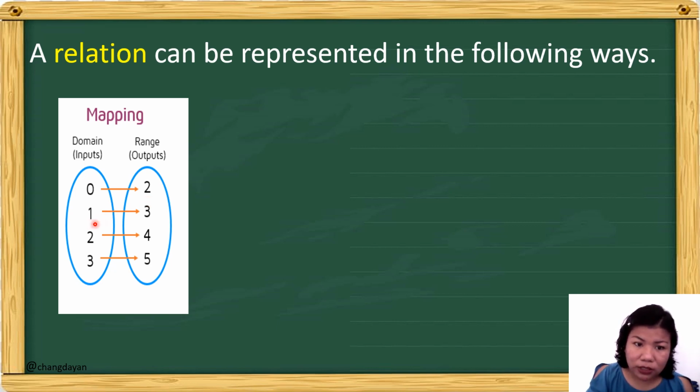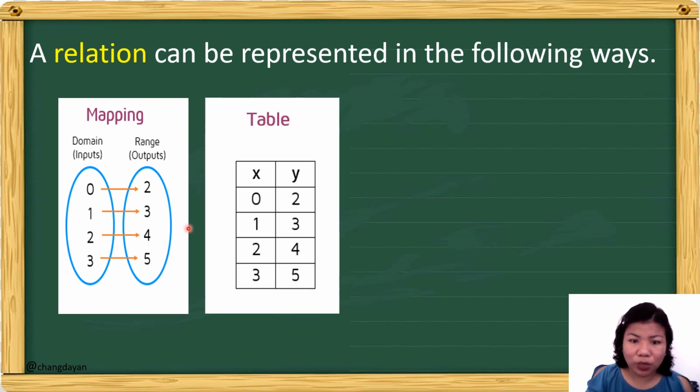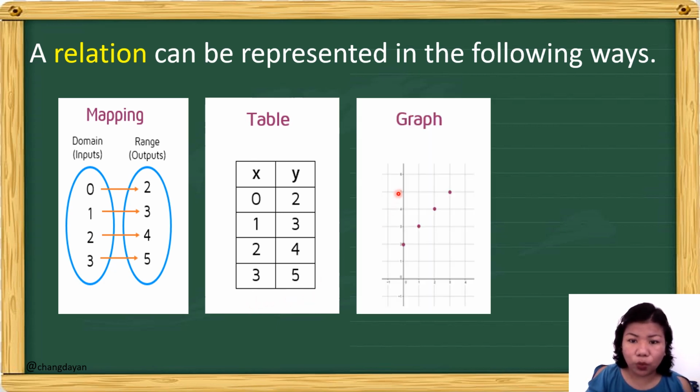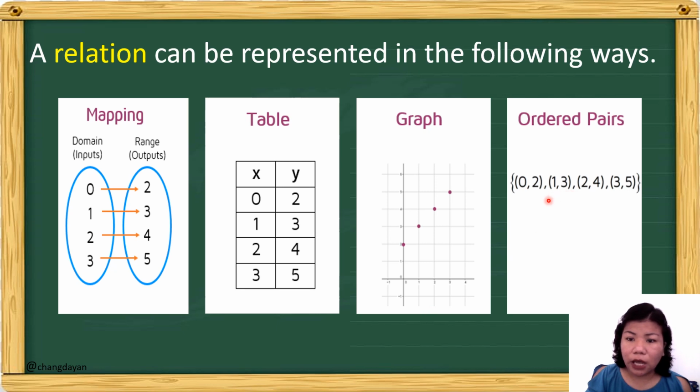So 1 corresponds to 3, 2 corresponds to 4, 3 corresponds to 5. The next one is table. So this is how you will represent relation using the table. The other one is by graphing, wherein you can plot the points. Next is by an ordered pair.